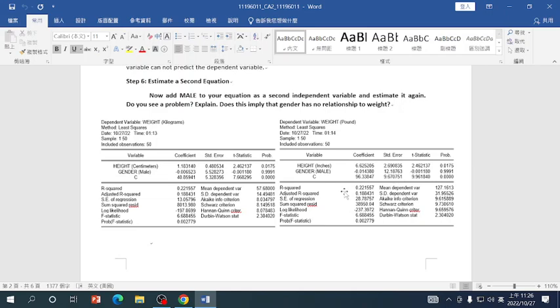Holding gender as a constant, if height increases by 1 inch, then the weight will increase by 6.62.